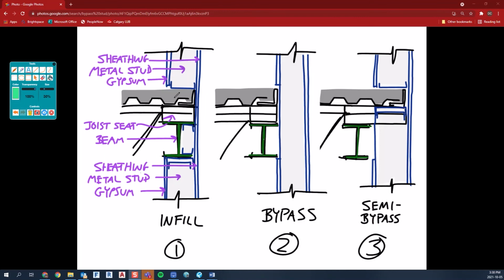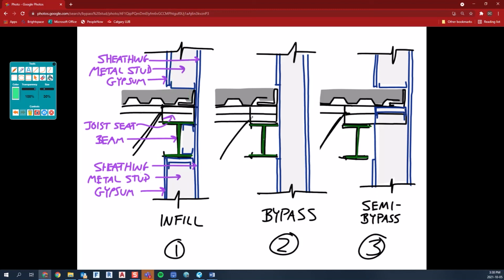Okay, and so what's not drawn here is the column. So the column would be buried in the stud space, like so. Okay, and the column's usually continuous, and the beam attaches to the sides of the column. Typically, it's not always like that, but generally that's how it is. Okay, so that's your infill and section at the second floor.